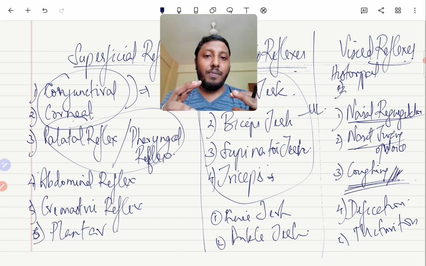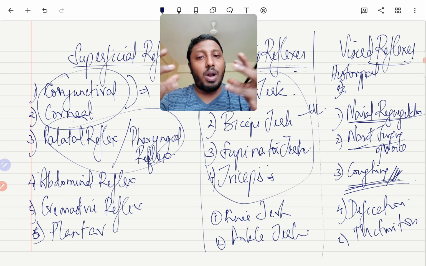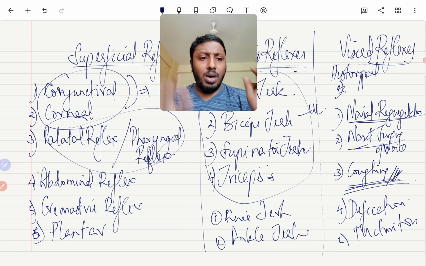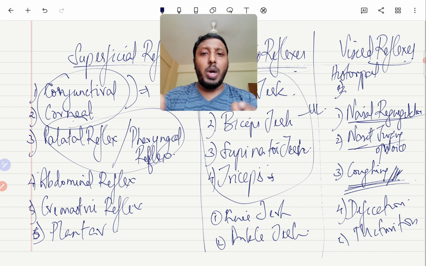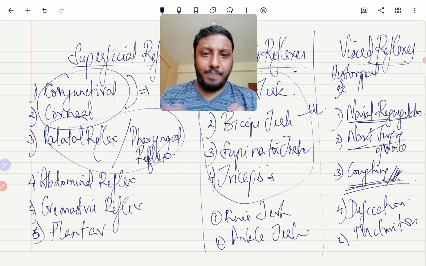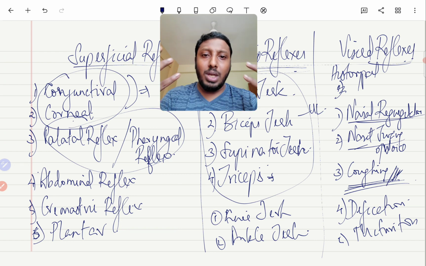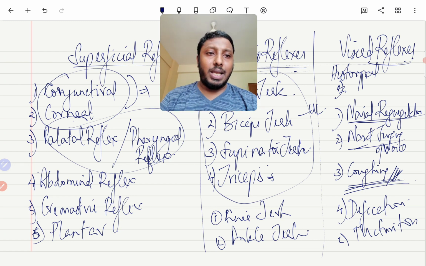If that area of the vertebral column has some problem, the patient can have different problems like constipation, incontinence, a lot of things. Even micturition, same thing: the nerve supply of the urinary bladder and the centers.